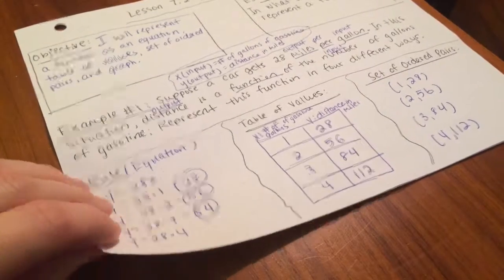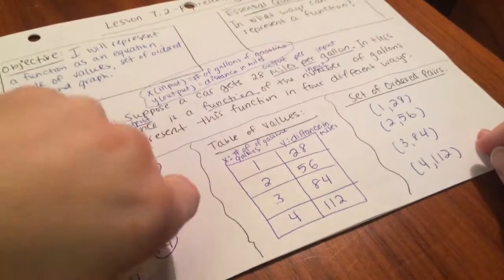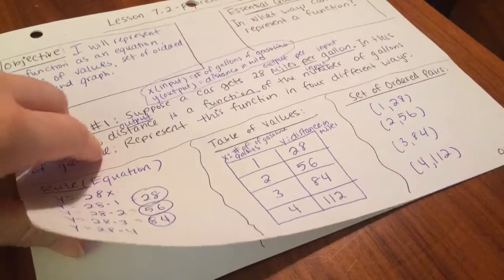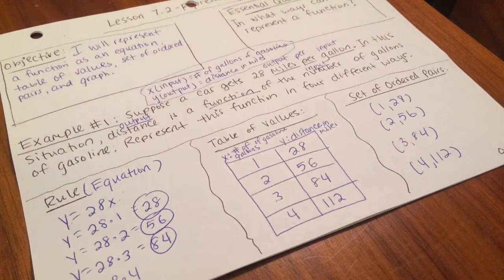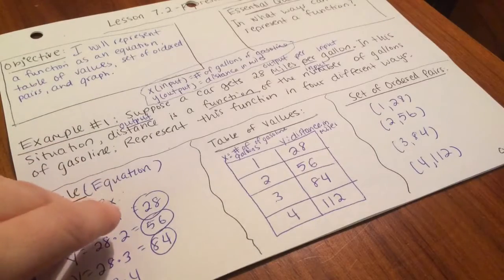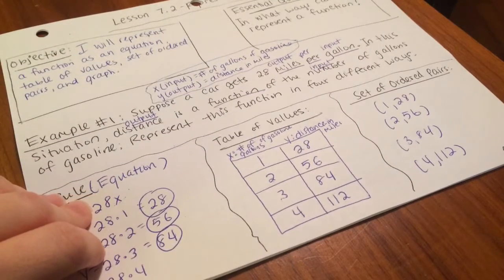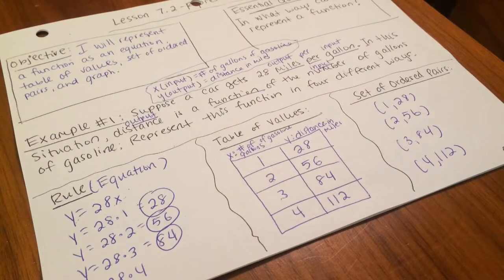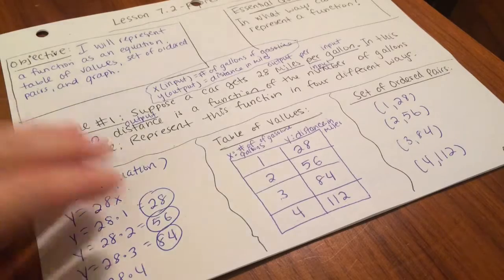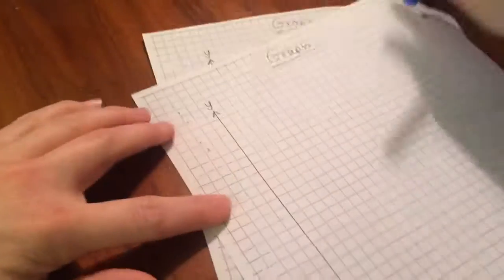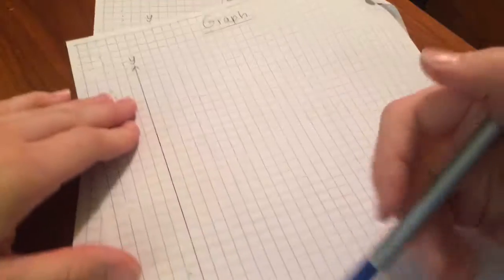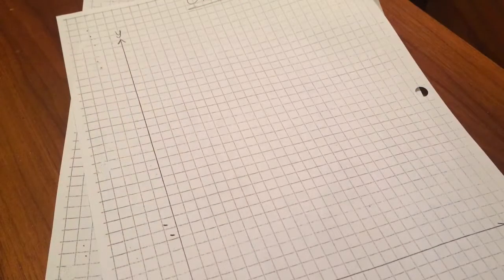So the last thing we have to do is graph these set of ordered pairs to represent our function. Okay, and that is going to be in the next video, part 2 of example 1. So go ahead and watch that to show you how to graph the set of ordered pairs correctly and represent the function.